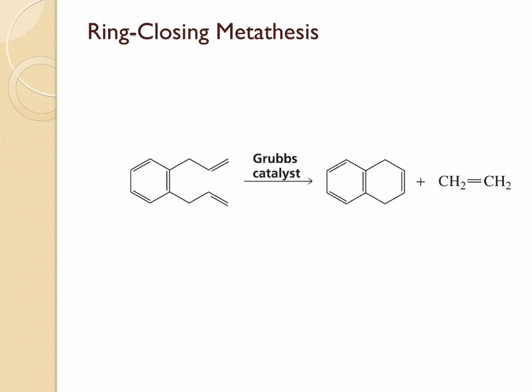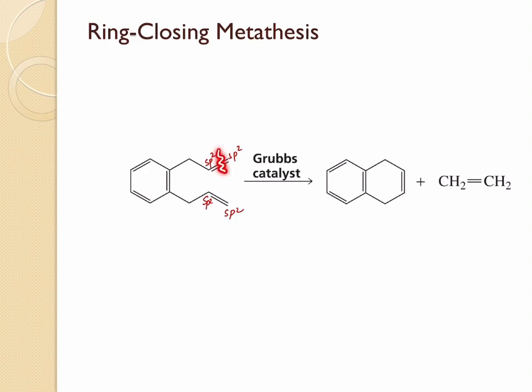If the reactant is a diene, then a ring closing metathesis can happen. So now let's find out how this cyclic structure is formed. Here are sp2 carbons. We are not going to touch the sp2 carbons in the benzene ring. We are not going to break any of these double bonds. It's not going to be possible because we know that this is an aromatic structure, which is more stable, and there's no way that we can break these double bonds under these conditions.